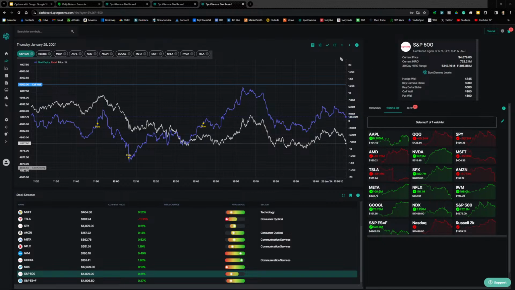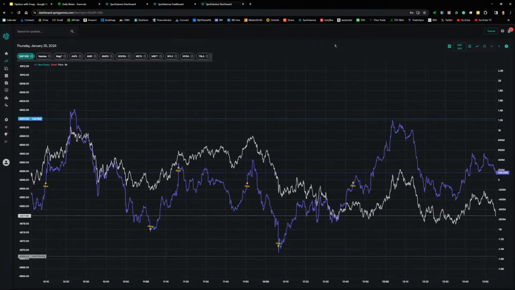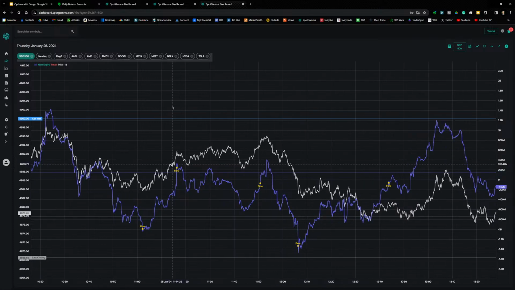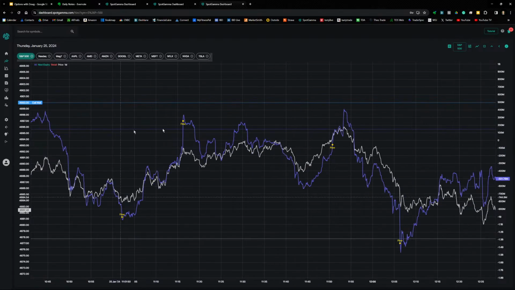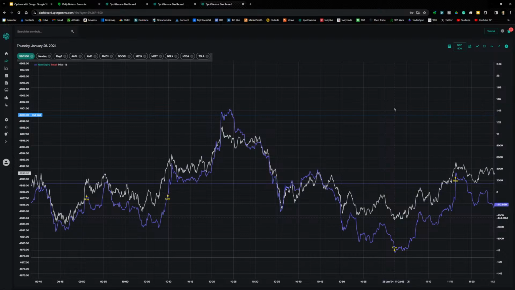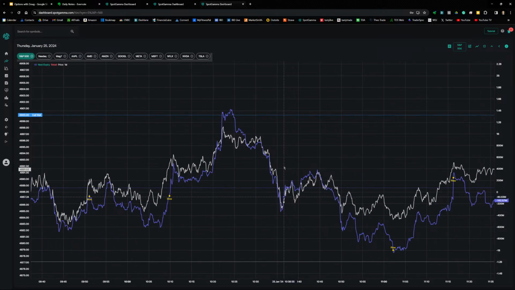All right, so this is the combined signal for the S&P 500. This is what I always use if I'm trading any form of the S&P 500. All right, so let's take a look at some setups from earlier today. So I'm going to zoom in.